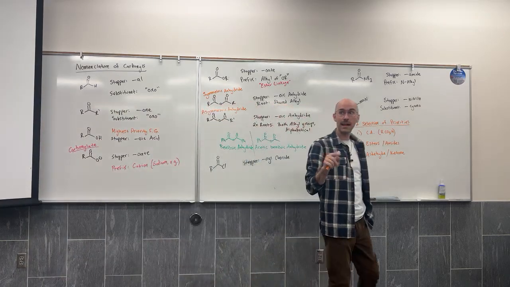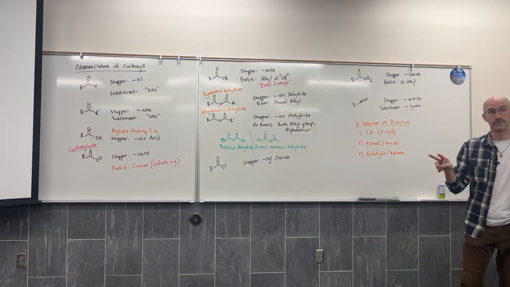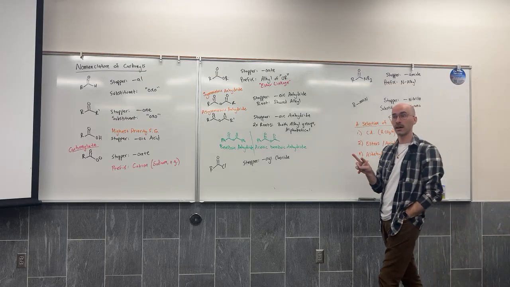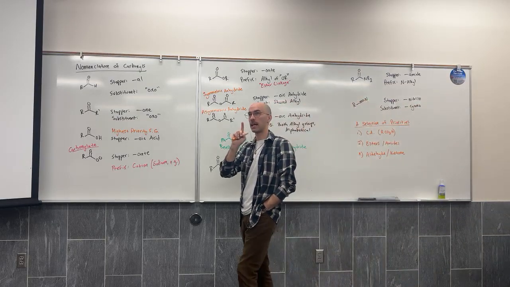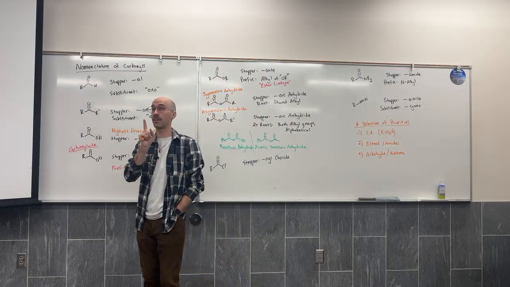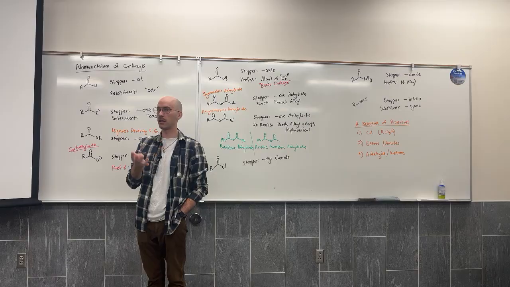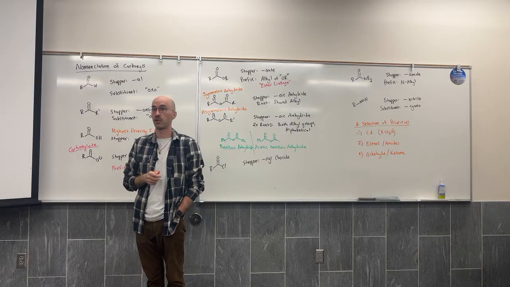The alkene and the alkyne are of equal priority. And what we've said with alkenes and alkynes is that if one of them can get the lowest possible locant, then give that lowest possible locant to whichever one.